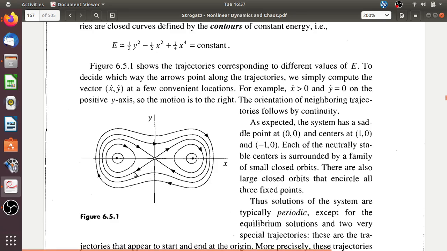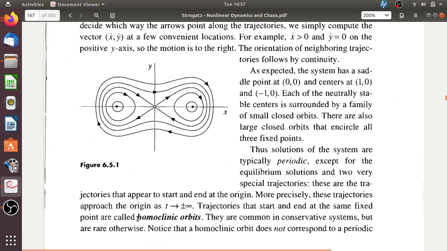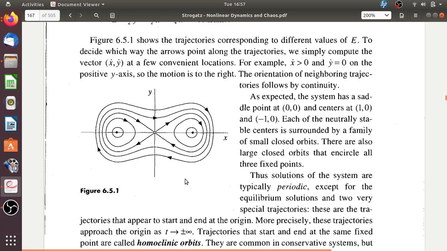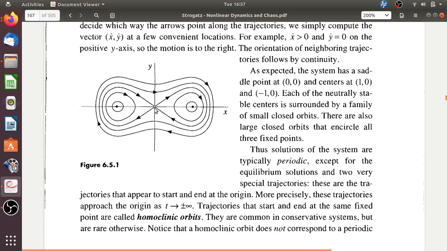And this particular trajectory is an interesting thing. This particular trajectory is known as a homoclinic orbit. So what does this mean? It means it will start at some fixed point and then it will end at the same fixed point. The other trajectories are the other closed orbits.